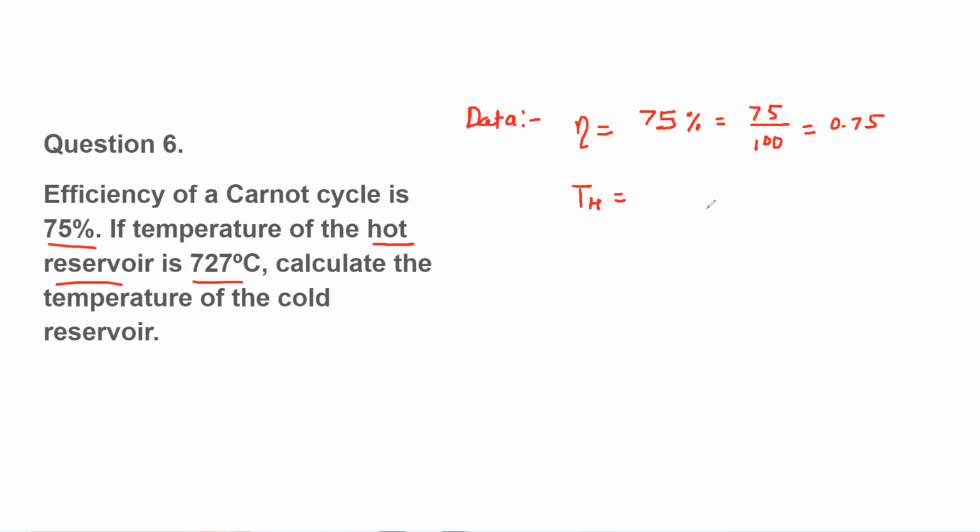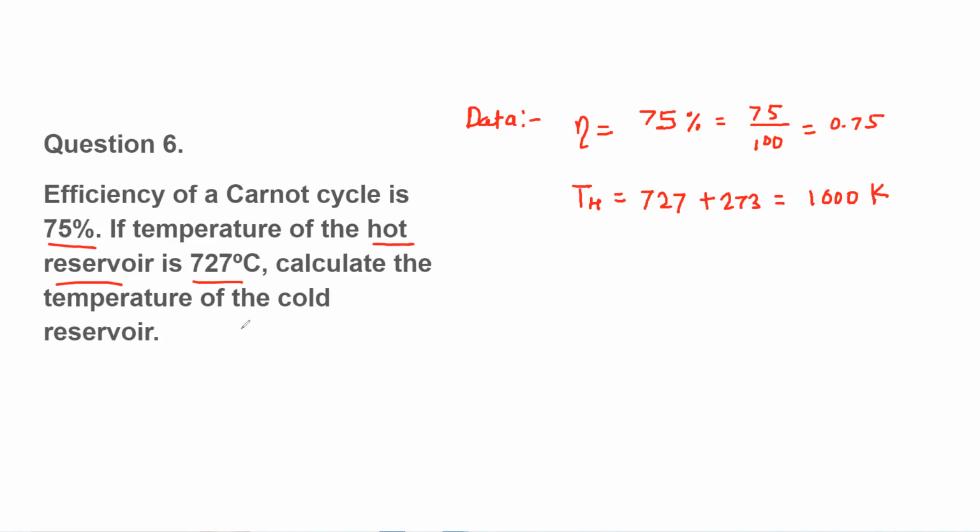So TH is equal to 727, but this is in degree Celsius, and if you want to convert to Kelvin, we need to add 273 so that we can convert it into degree Kelvin. After adding, we'll get the answer in Kelvin.